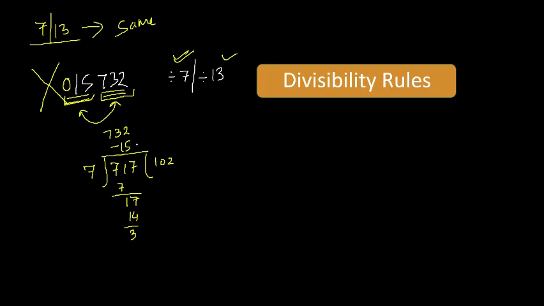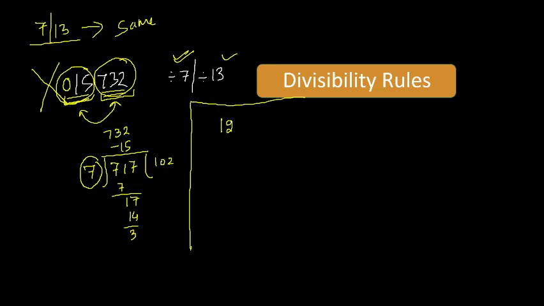The rule of 13 is also the same. You just have to divide by 13 only. Just make the pair of 3 digits and find their difference. Tell me, if your number is 1, 2, 3, 1, 2, 3, will this number be divisible by 7?